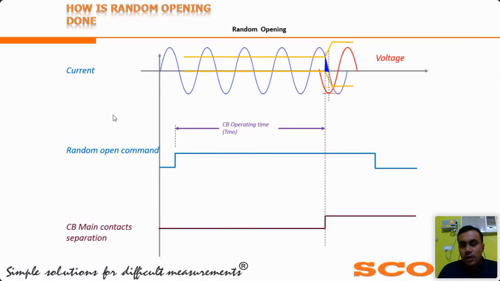As we know, in the opening condition, breakers take some time, like 18 to 20 milliseconds. It may be up to 25 milliseconds. So whenever we give the command through the TNC or BCU, it will take the opening time the breaker has.